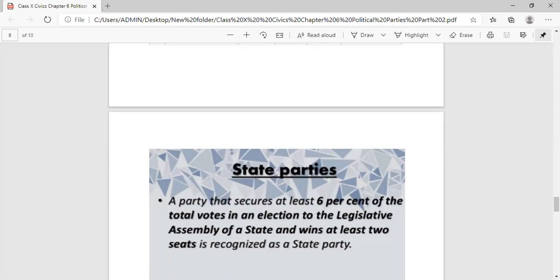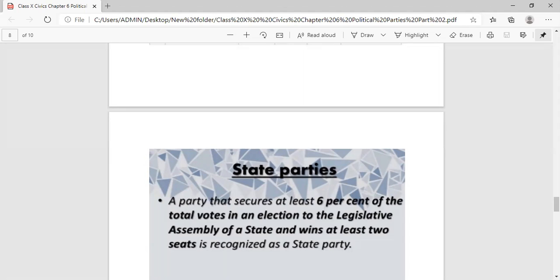At least a few you need to remember, like Rashtriya Lok Dal, Janata Dal, Arunachal Congress, Nagaland People's Front, Manipur People's Party, Forward Bloc, United Governance Democratic Party, and so on. There are many regional parties. You can refer to your textbook for more names.